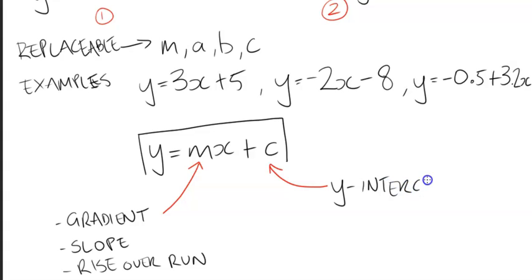Or in other words, if we were to sketch this graph and we replace m and c with numbers, whatever this c happens to be, so maybe it's 3, the line will cut at exactly 3 on the y-axis. So when y is equal to 3 on the y-intercept, for this specific example anyways, that is where the line will cut.